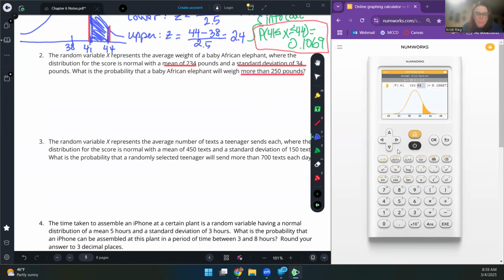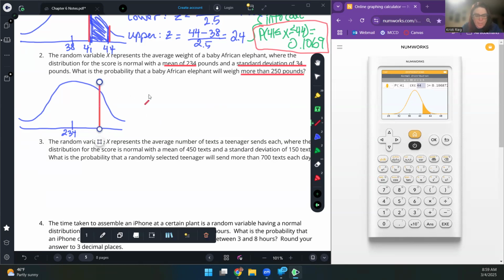So let's go over to our picture. We want to draw a picture every time, and it'll match what's in our calculator so we know we're on the right track. The mean is 234. And our cutoff is over here at 250, which is to the right because it's bigger. And then it says more than, and more than is also to the right.